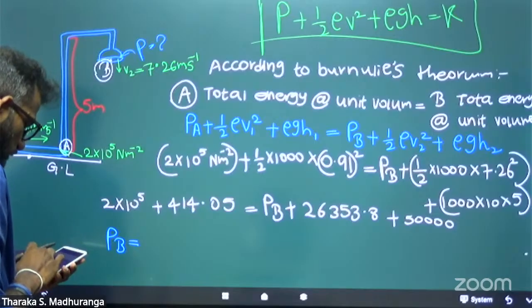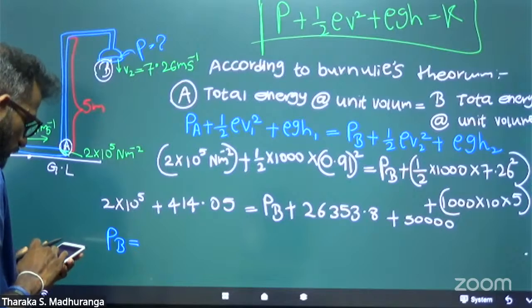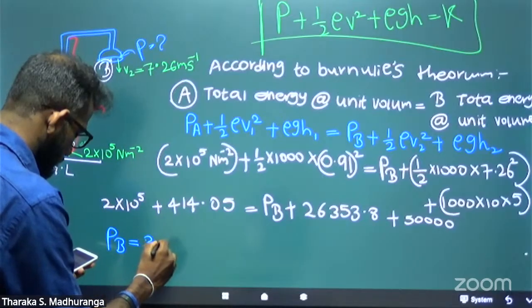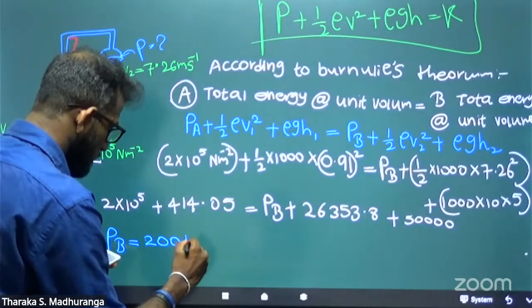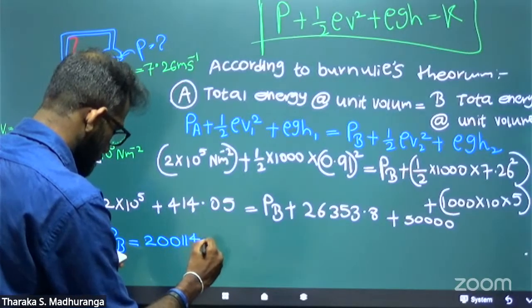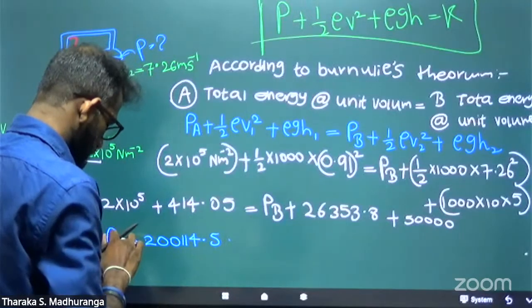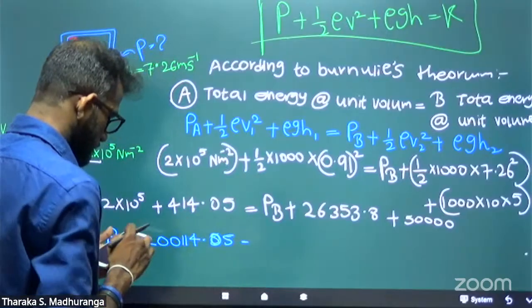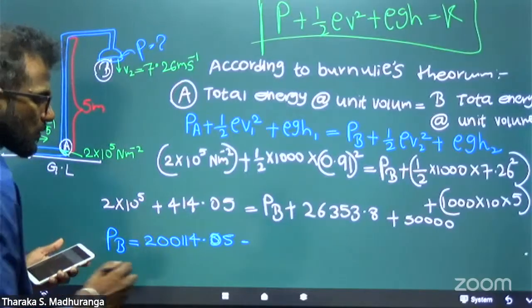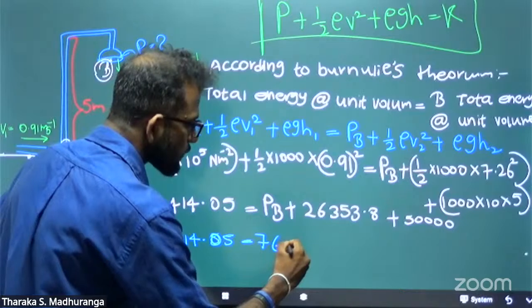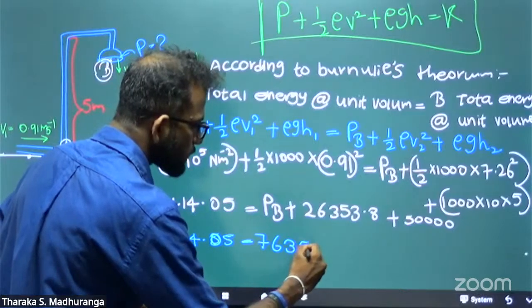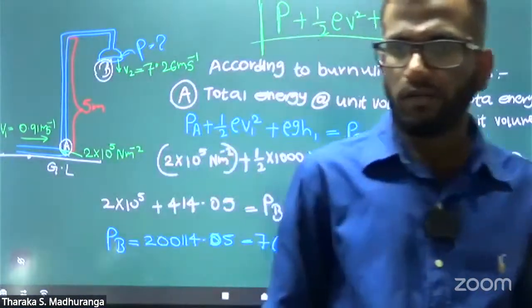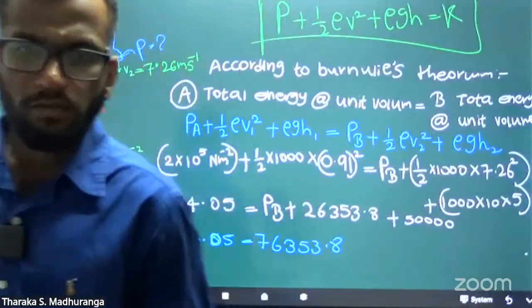Plus 414.05, 0.5, minus 76,353.8. Yes, the answer is 124,060, no? 0.7.